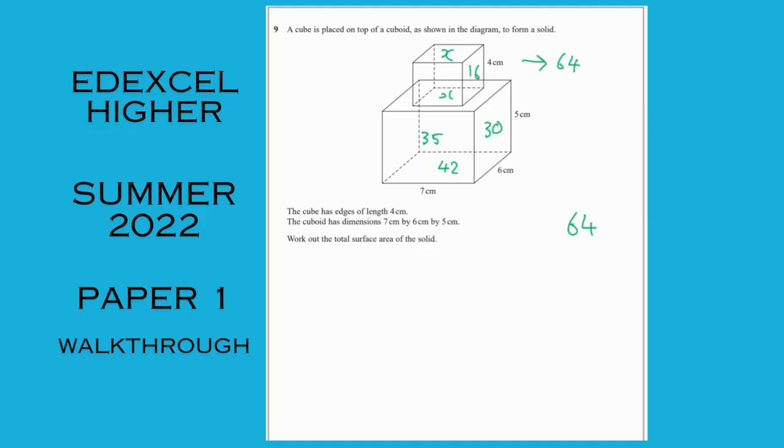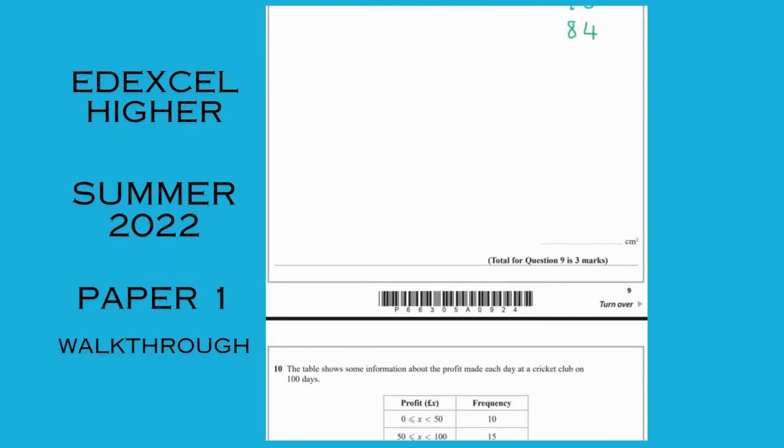That's the small cube. And then the 30 needs to be doubled, because if there's a right, there's a left, and so on. 35 needs doubling. 42 needs doubling to 84. And if we get all that added up, what we get is 278, I think.